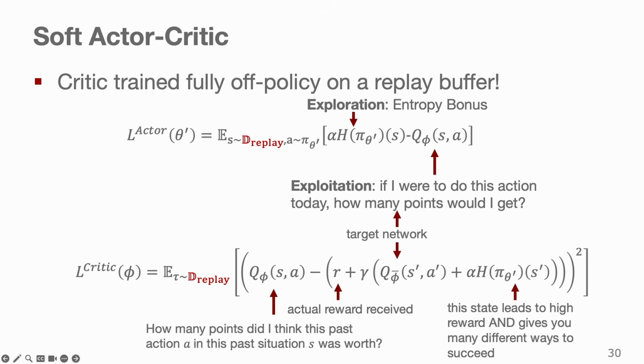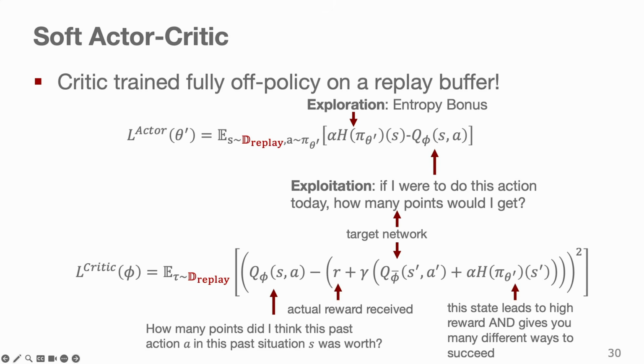So the actor has these two terms: the exploration bonus that we saw before, and the exploitation, which just answers: if I were to do this action today, how many points would I get? And then there is this push and pull between these two.